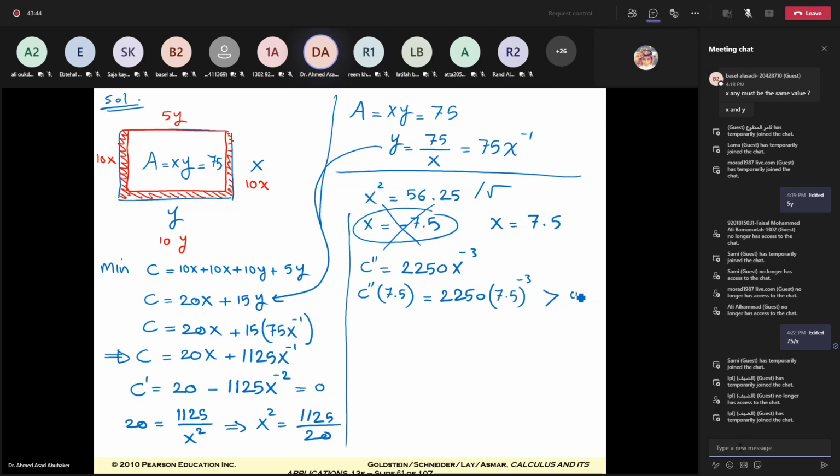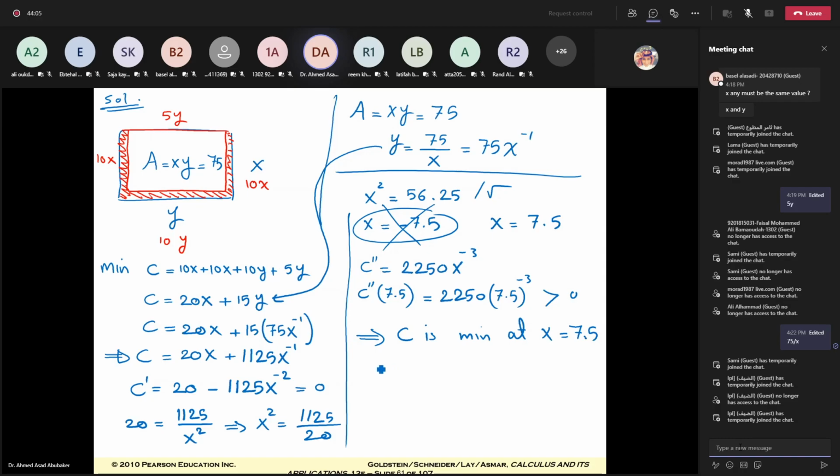So this is positive. Positive multiply positive, positive. Since C double prime is positive, we can conclude C is minimum at x equals 7.5.